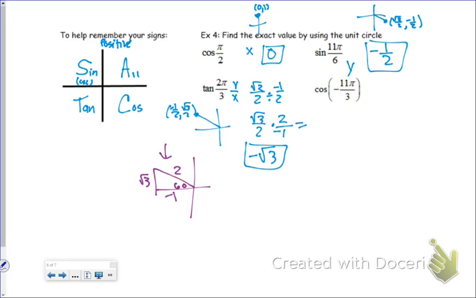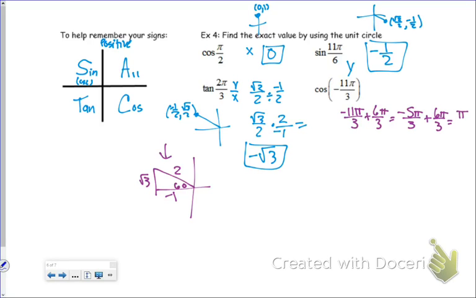And the last one, the reason we looked at which quadrant a radian fell in was for a question like this. Negative 11 pi over 3 is not on my unit circle, so I need to find an equivalent coterminal angle. So I'm going to take negative 11 pi over 3 and add 2 pi. All right, not quite there, so I'm going to add it again.